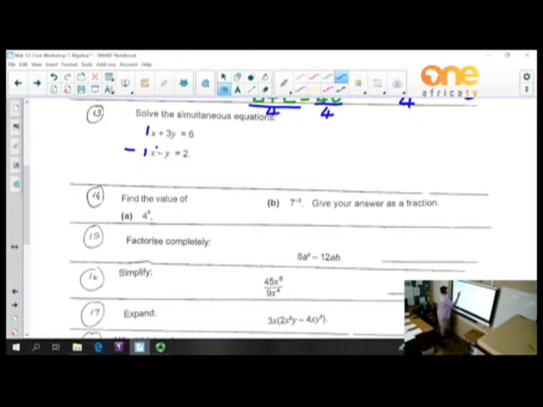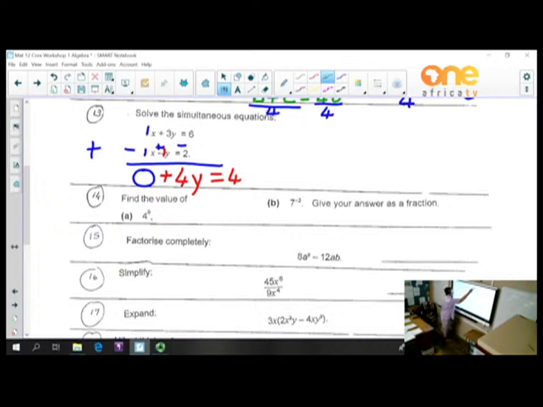If you change the second signs and add, then you are subtracting. So now positive 1 and negative 1 is 0. Can you see? Now I have eliminated x. So plus 3 plus 1 is then 4y. If there's nothing, there's a 1. Is equal to, and 6 minus 2 is equal to 4.